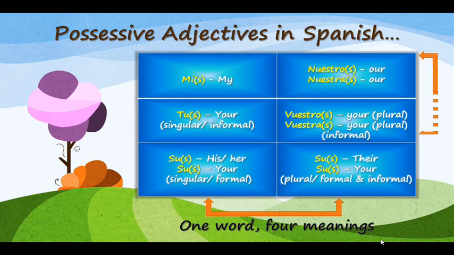Now these two right here, nuestro, nuestra, vuestro, vuestra, are the only two you are going to need to make sure you agree as far as masculine or feminine, and in addition to singular plural. Okay, so again they are mi, tu, su, nuestro, nuestra, vuestro, vuestra, su, su. Or of course you'd have your plural versions, mis, tus, sus, nuestros, vuestros.